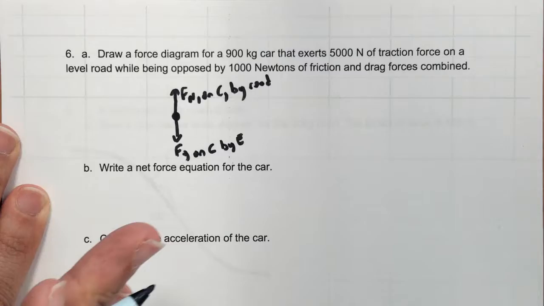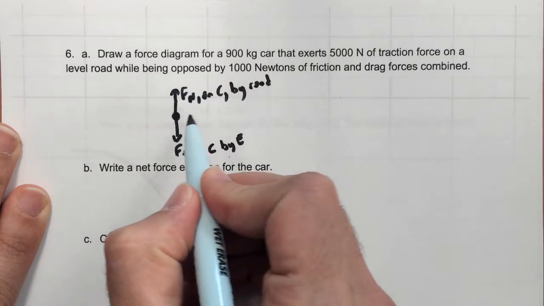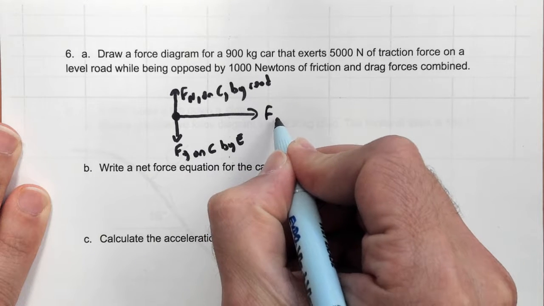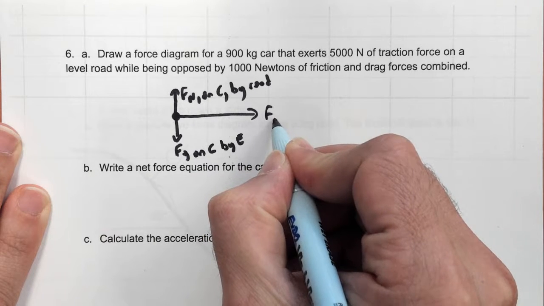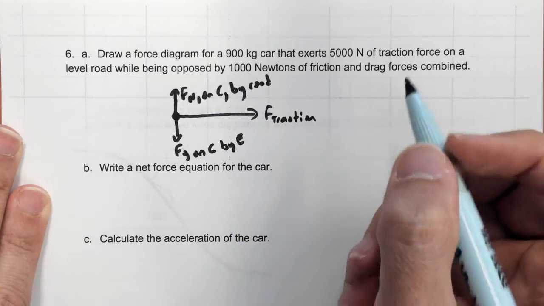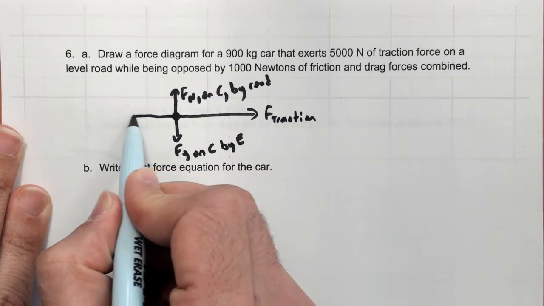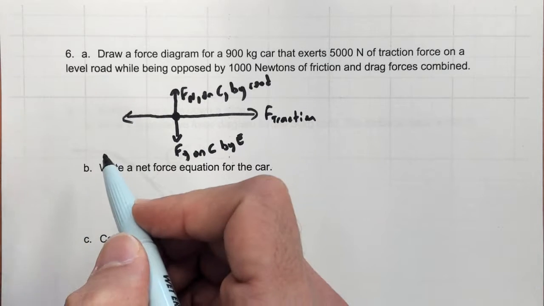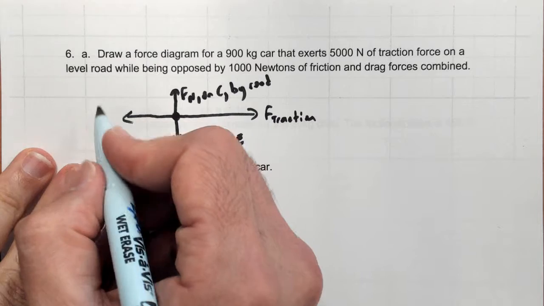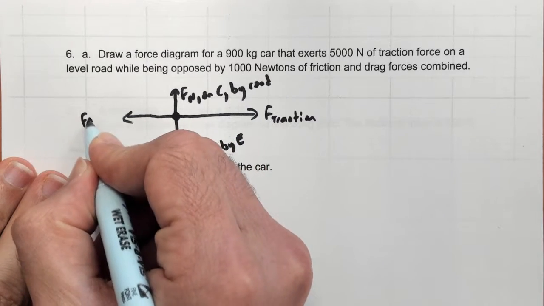And let's say that the car goes this way, then the car will have a traction force, and the car will have a friction force.